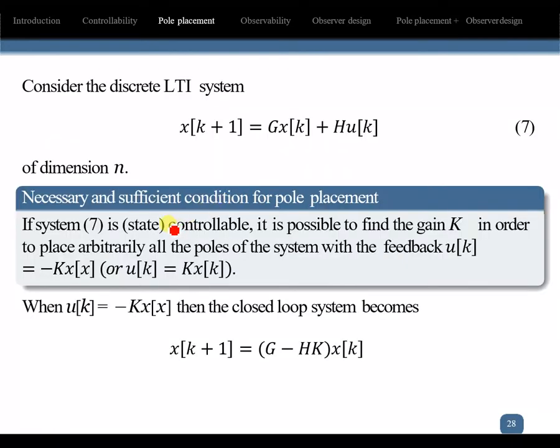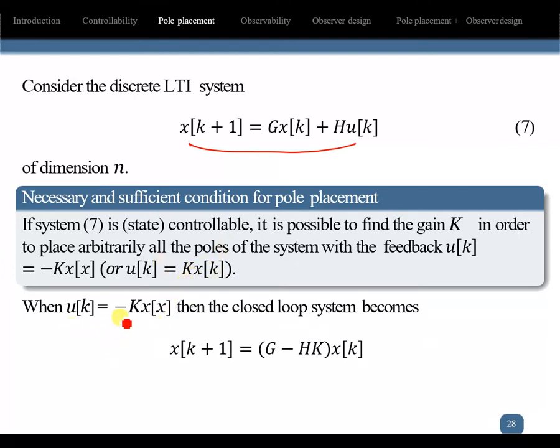Okay, the necessary and sufficient condition for pole placement: the system is state controllable. It is possible to find K in order to place arbitrarily all poles of the system with feedback u(k) = -K x(k), or you can say u(k) = K x(k) if your feedback is positive.